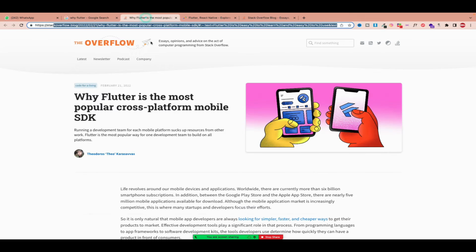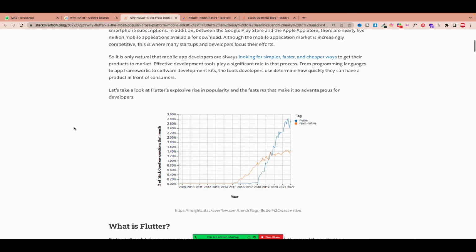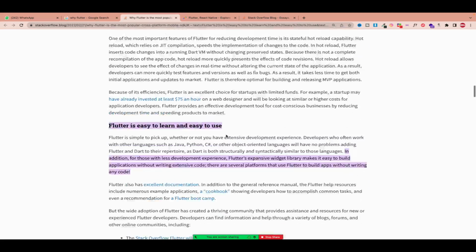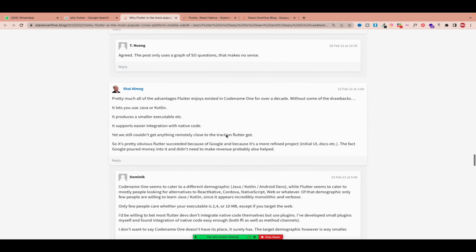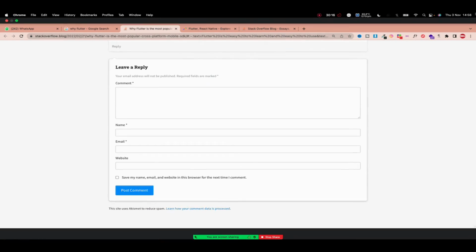You can find here interesting articles that Stack Overflow people write. So one of the Stack Overflow articles produced in 2022 is this one: why Flutter is the most popular cross-platform SDK. So here they'll tell you the reason why it is the one trending. They'll tell you the whole story here, and what people are reacting, and you can also be part and start reacting.